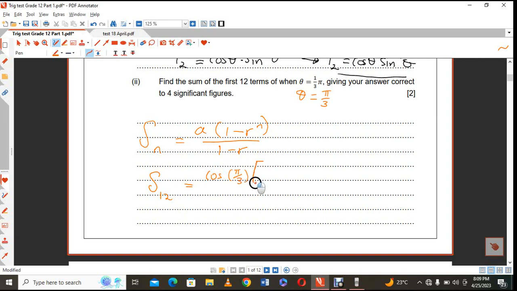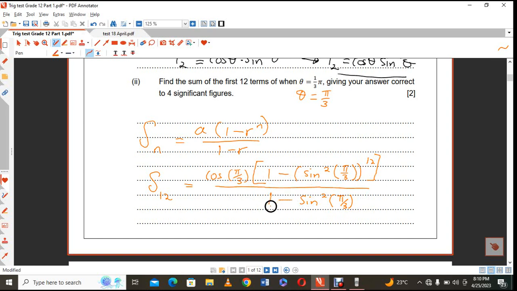Then I'm going to introduce square brackets: 1 minus sine square of pi upon 3, raised to the power of 12, and all of this over 1 minus sine square of pi upon 3.